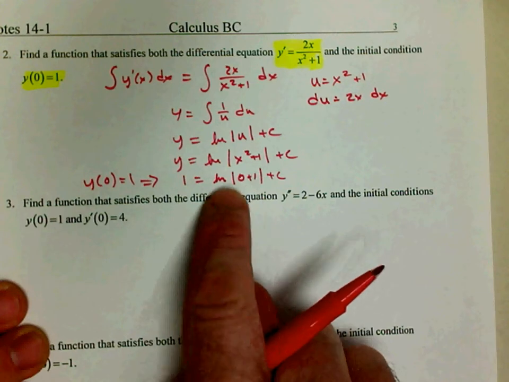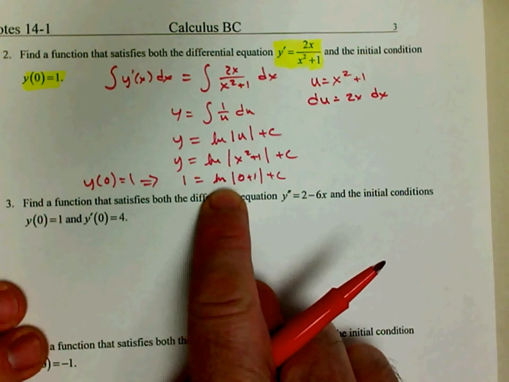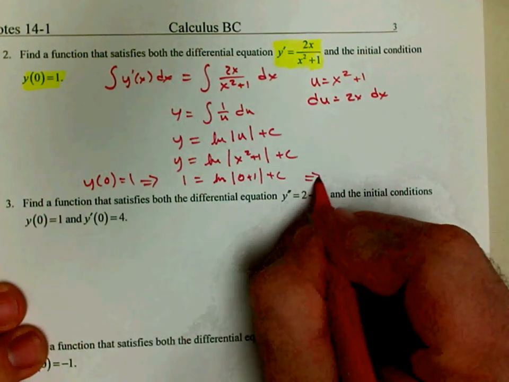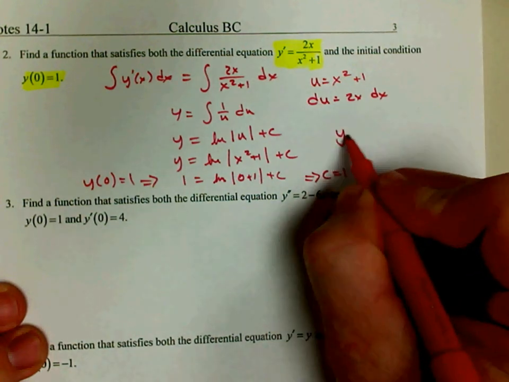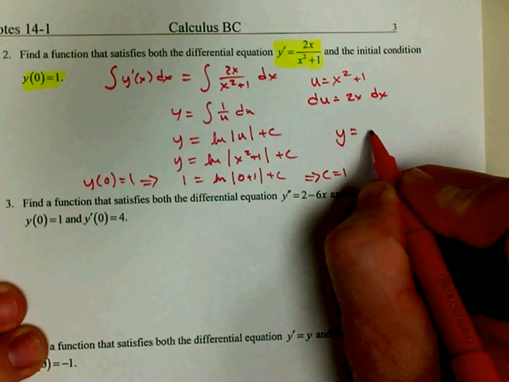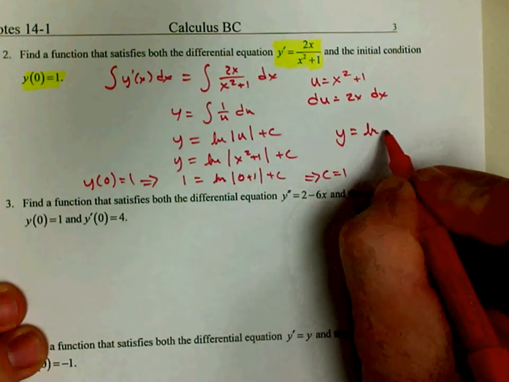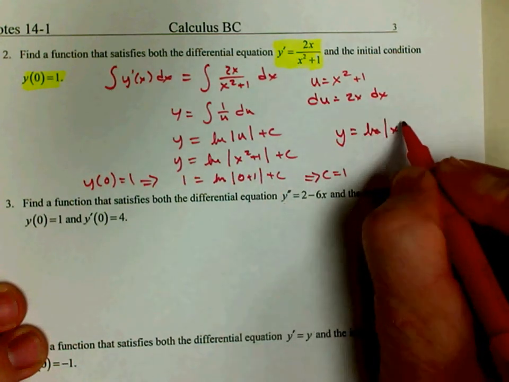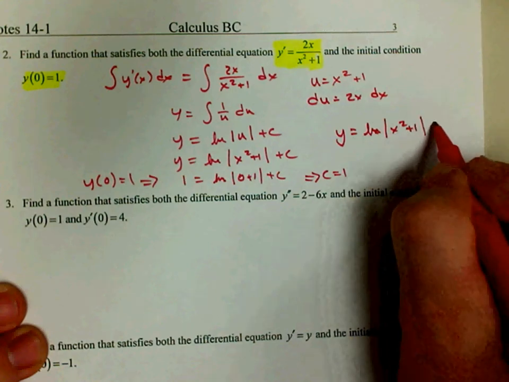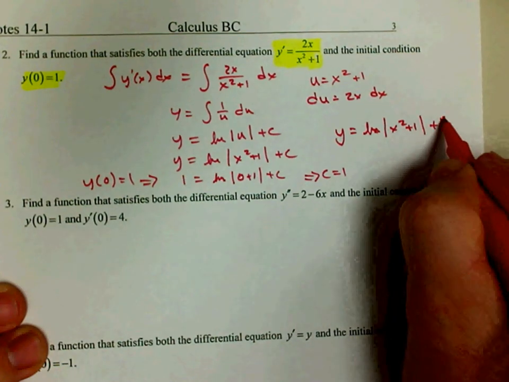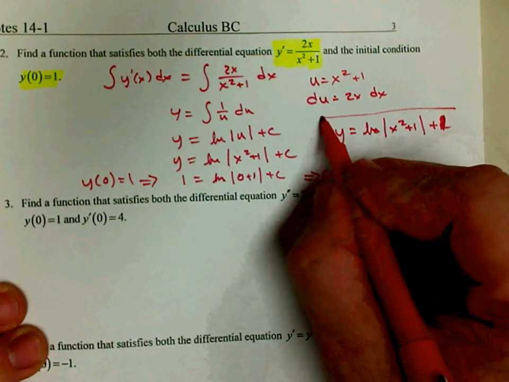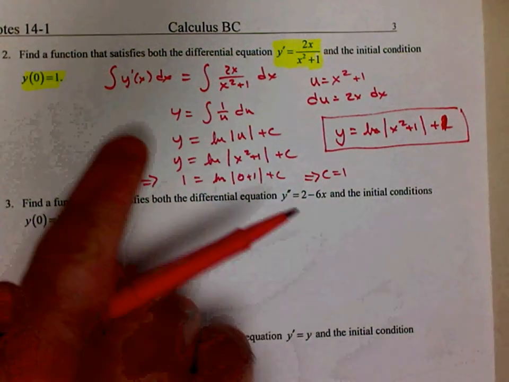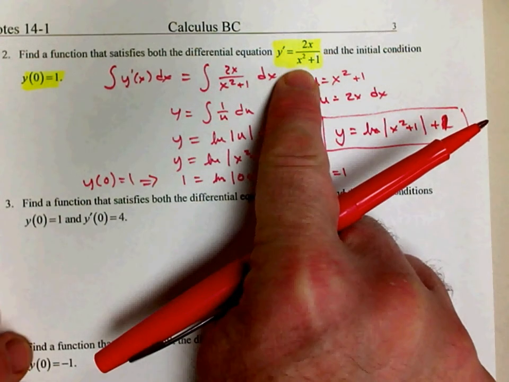So in this case, c equals 1. And we get the function y equals the natural log of the absolute value of x squared plus 1, plus 1, the c, will be the function that satisfies this differential equation and this initial condition.